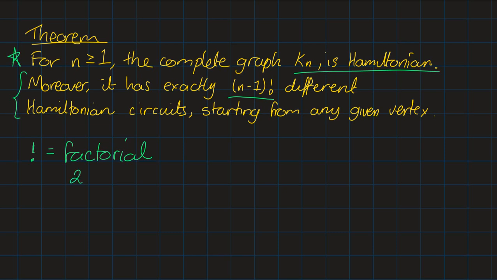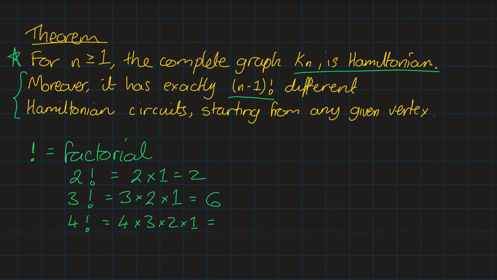So for example, 2 factorial is 2 times 1, which is 2. 3 factorial is 3 times 2 times 1, which is 6. 4 factorial is 4 times 3 times 2 times 1, which is 24.